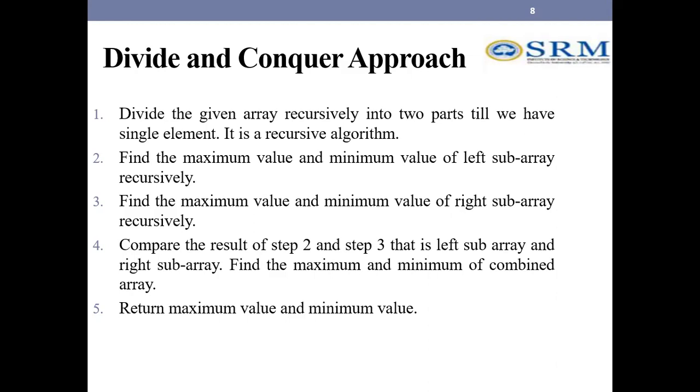So these two values are combined to get the solution to the parent node. So compare the results of step 2 and step 3, that is left subarray and right subarray. So find the maximum and minimum of the combined array. So return maximum and minimum value to the main function. This is the algorithm for finding max and min using divide and conquer approach.